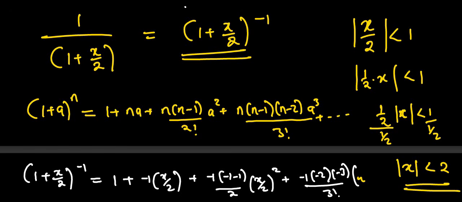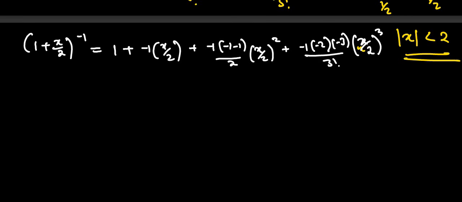This is the same as x over 2, then the power 3. So this will be 1 minus x over 2. This will be a negative 1 and a negative 2. So these guys will be giving us a positive 2 divided by these 2. So they'll cancel. This will be x squared over 4.